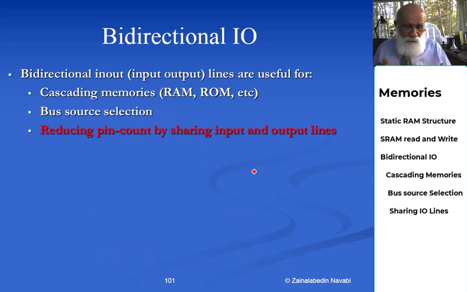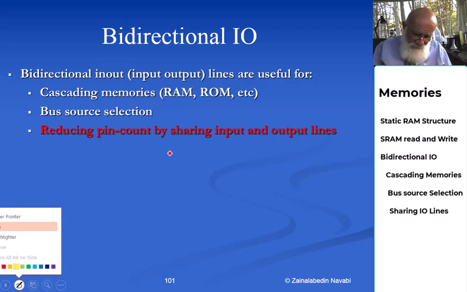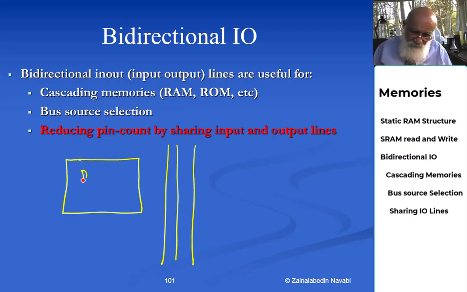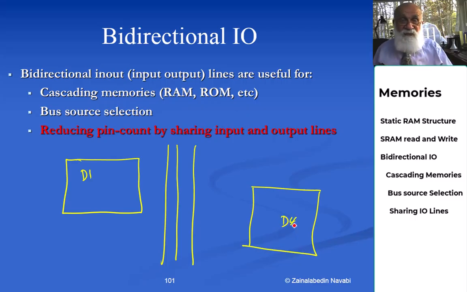All right, so reducing pin count is this. I have a 3-bit bus. I have a device here, device 1. I have a device here, device 4. I'm assuming device 1 is both acting as input and output. Device 4 is also acting both as input and output.